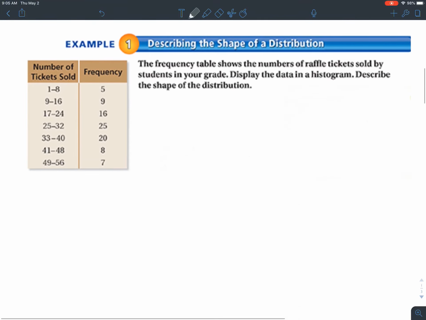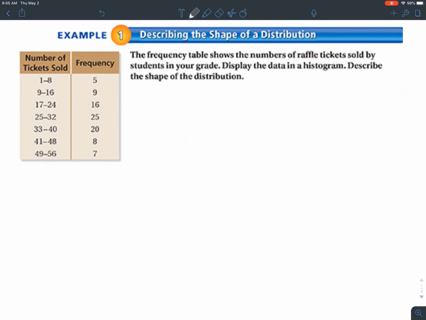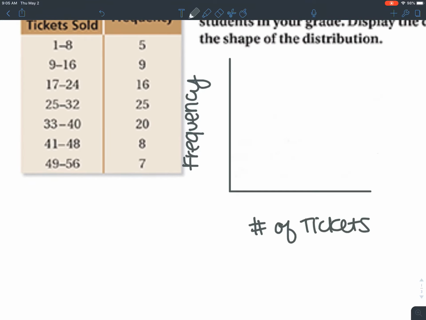All right, so we want to make a histogram and then determine what type of distribution it is. So we're going to start by labeling the two axes. So we have frequency, and then we also have number of tickets. Let's make this a little bit bigger.